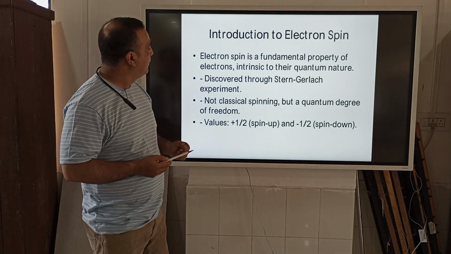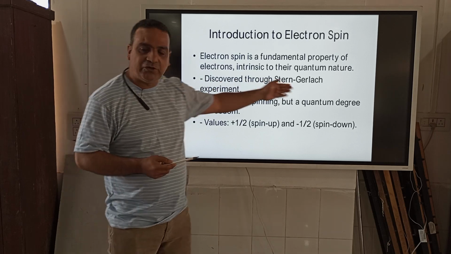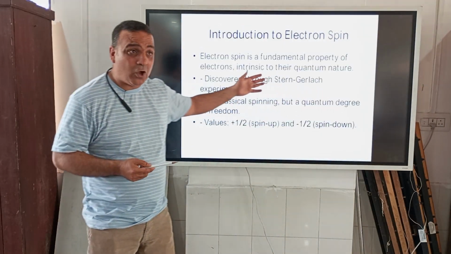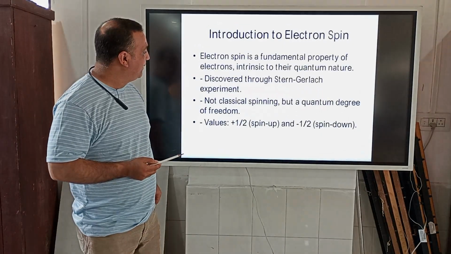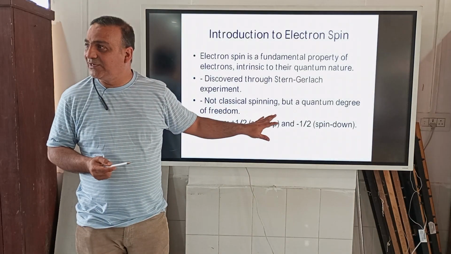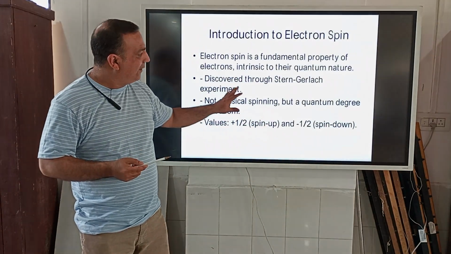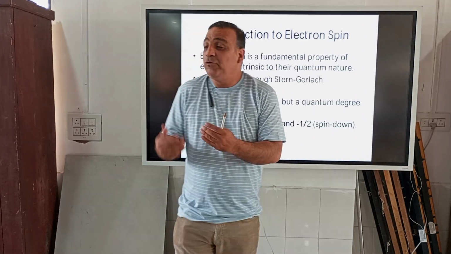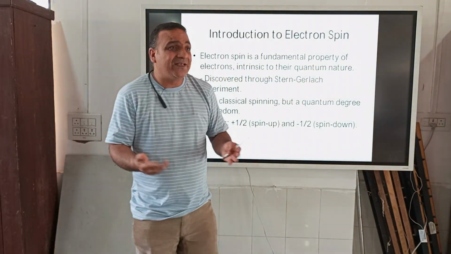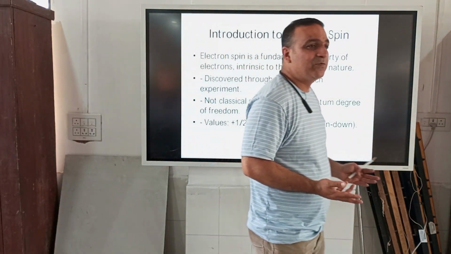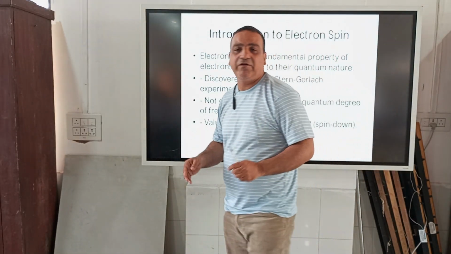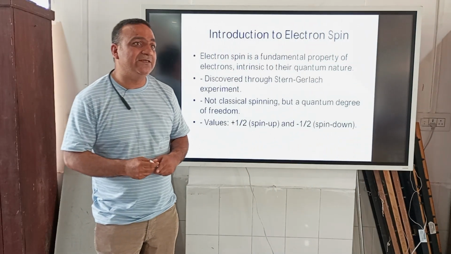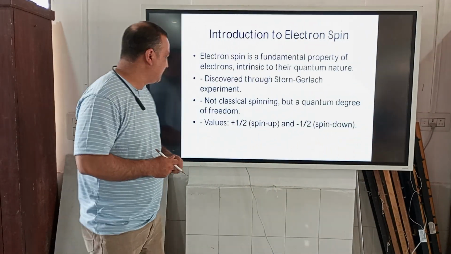So it was discovered through the Stern-Gerlach experiment. I talked about it, and it's not your classical spinning, but a quantum degree of freedom. So if you have to answer what is quantum mechanical spin, you will say, come on, it's a degree of freedom that's associated with these quantum mechanical particles.